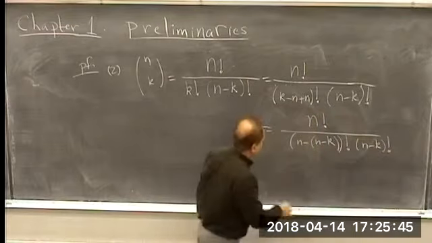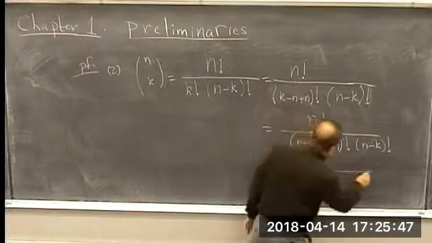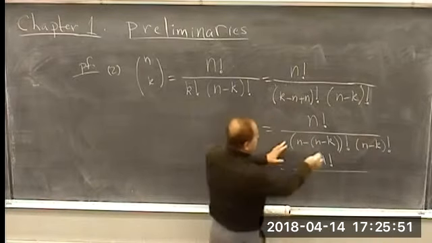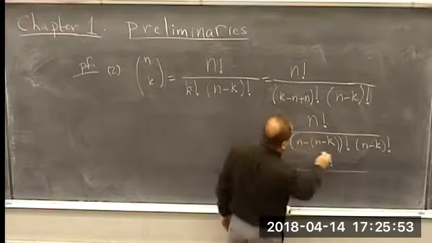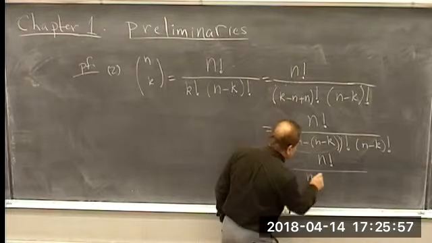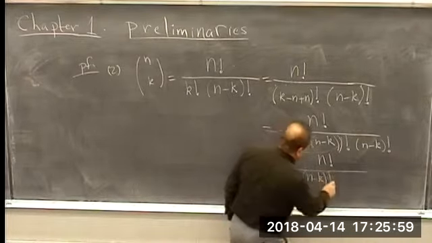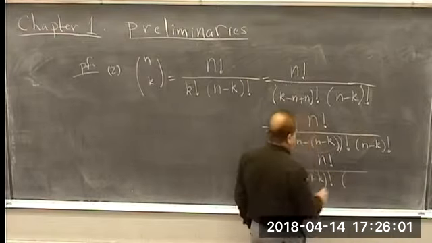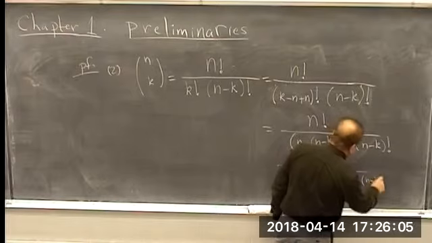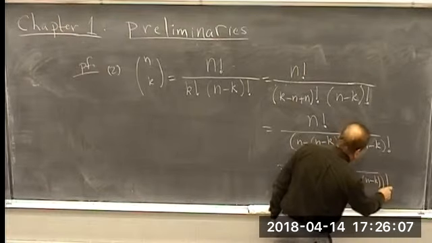Let me rearrange this. This is n factorial. And remember that what's inside here is actually equal to k, all right? And this one is n minus k factorial.